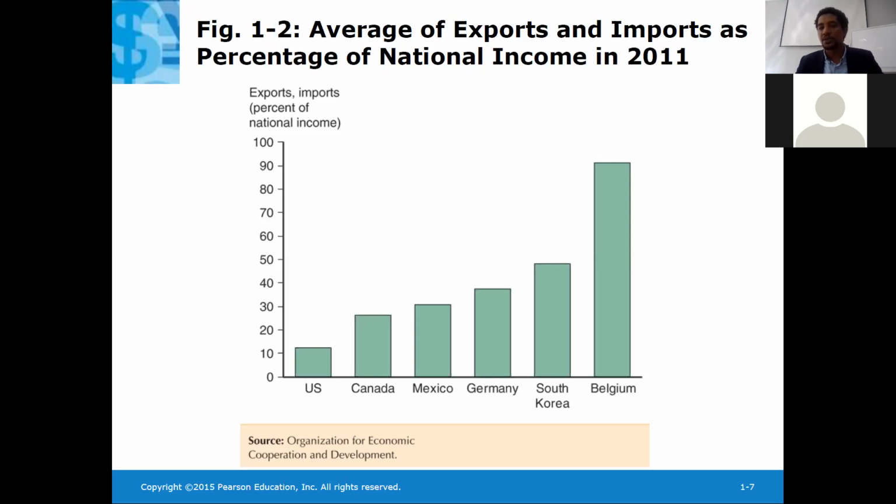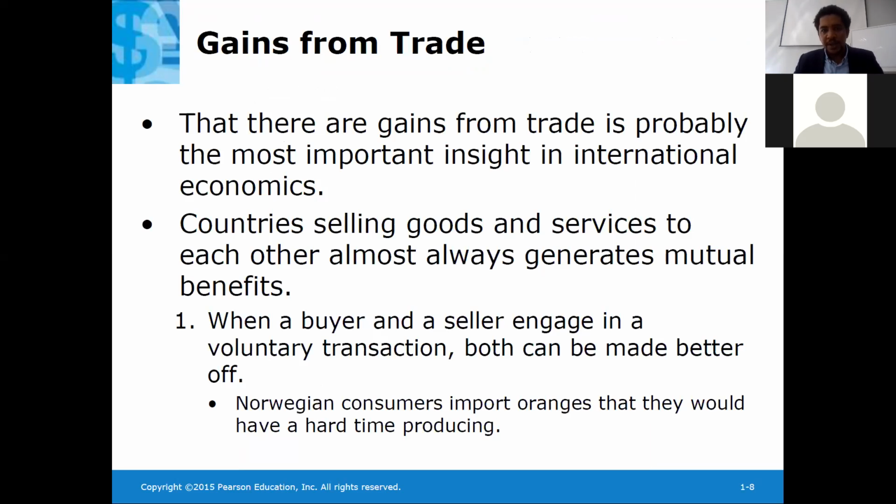The second objective is to talk about the 7 themes that are recurring in international trade. The first one is gains from trade.